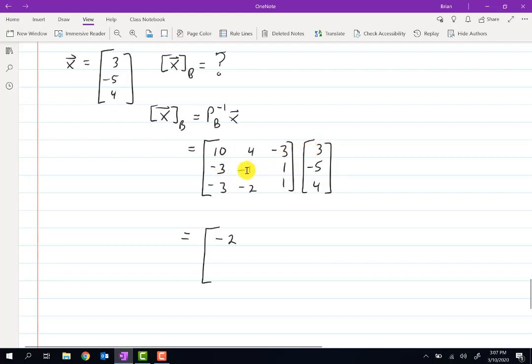Negative 1 times negative 5 is positive 5, so I'm at negative 4. And then 1 times 4 will be a 0. And then finally this last one, negative 3 times 3 is equal to negative 9. Negative 9 plus 10 will be 1. Plus 4 will be a 5.